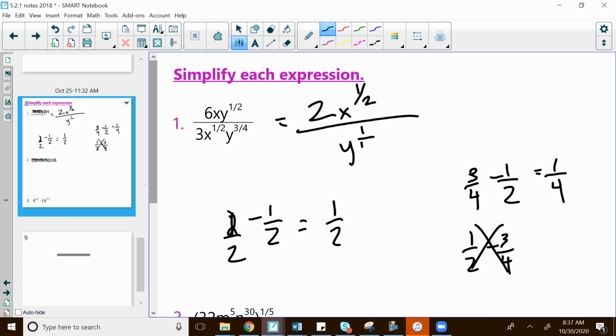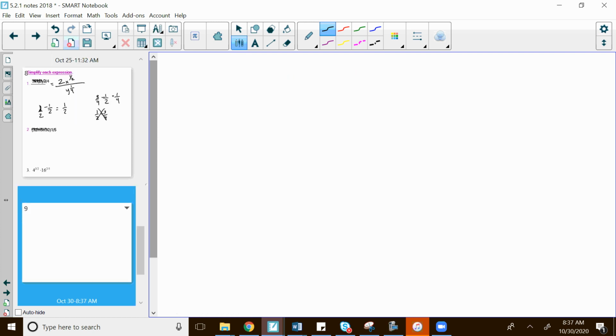Now, I want to teach you something real quick. Anytime we have a rational exponent in the denominator, that is like having a radical in the denominator. Because remember, taking something to the 1/4 power or 1/2 power is like taking the square root of something.